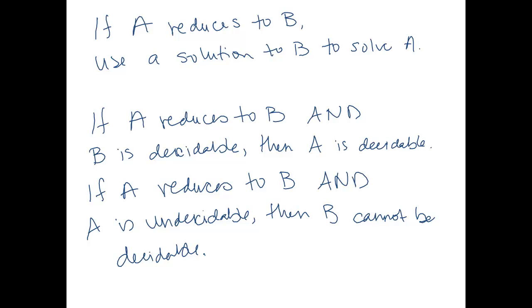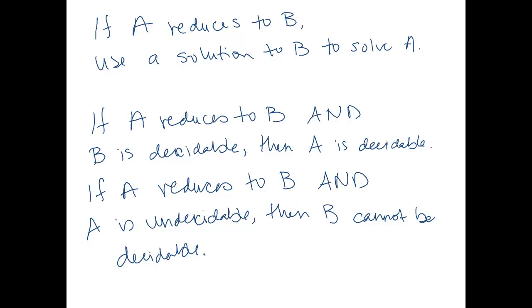Why is this? If I know that A absolutely is undecidable, it cannot be decided, and I can reduce A to B, then if I had a decider for B, I could decide A, but we know A is undecidable. Therefore, a decider for B cannot exist. Otherwise, we'd have a contradiction.